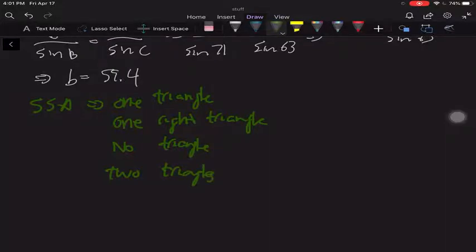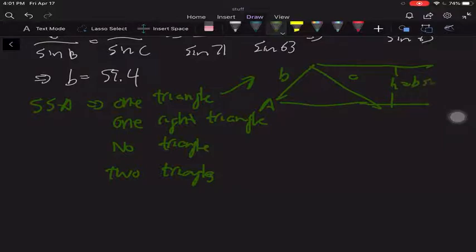If we have one triangle, it'll end up looking something like this: a, b, A, and we get height h equal to b sine A. So a is greater than h and a is greater than b, and one triangle is formed.